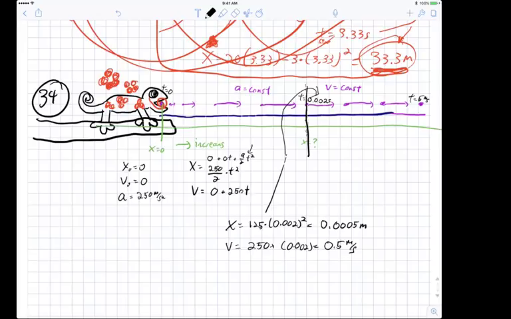So this is at t is equal to 0.02. And this point over here is at t is equal to 0.05. Okay. So what that's going to do is it's going to modify these a little bit.